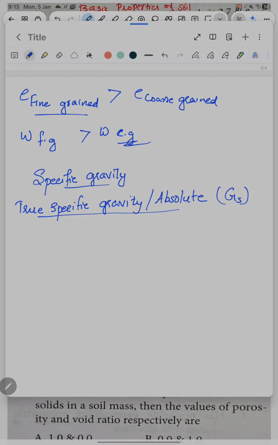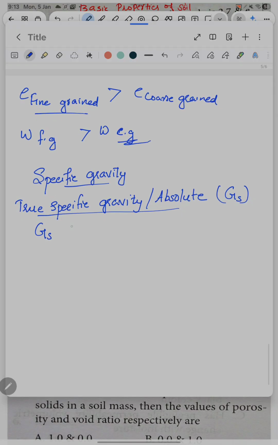So what is GS? True specific gravity GS is defined as the ratio of unit weight of soil solids to unit weight of water at 27 degrees Celsius.